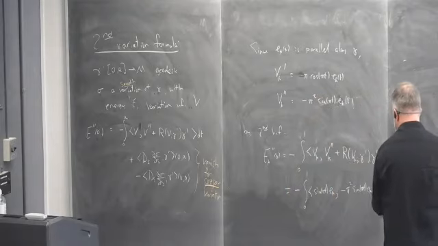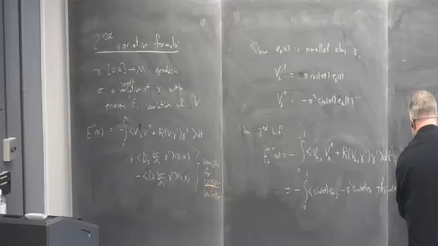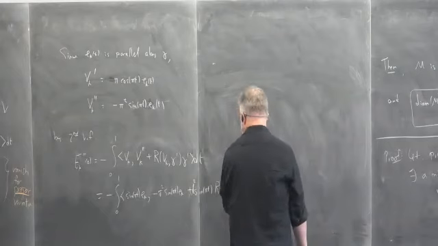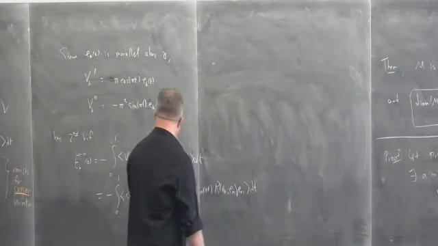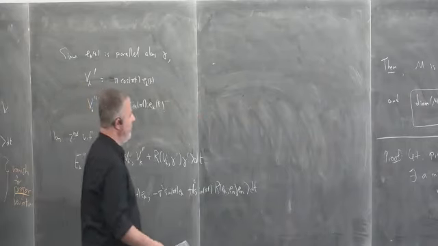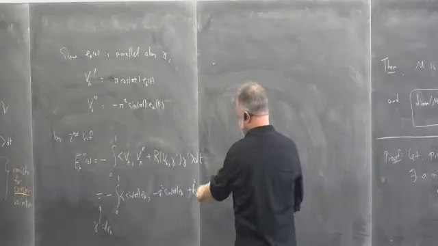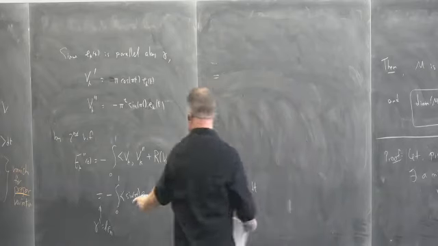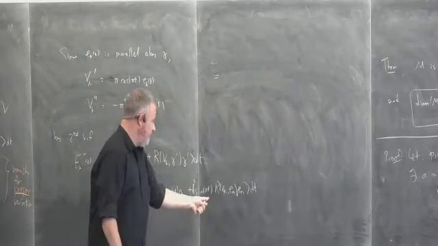And remember, gamma prime was L times En, dt. So here I'm using the fact that gamma prime is L times En. So I can factor out a sine pi t from everywhere, from here and from the right-hand side.